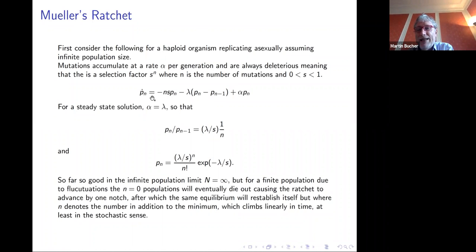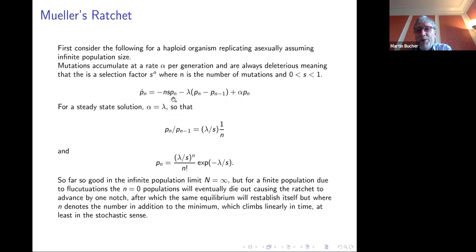So you get that in this population, the genomes with the most mutations are selected against the fastest. And then you have lambda, which is the rate at which new mutations are put on.